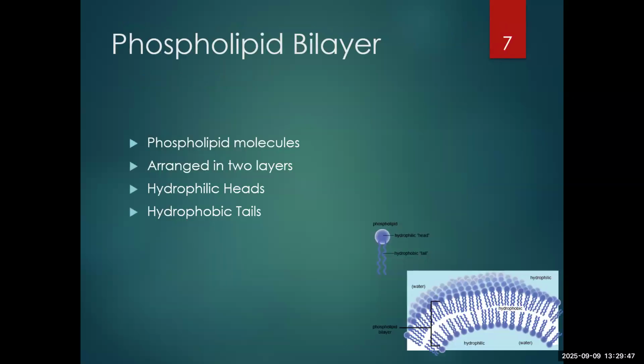So the phospholipids, a little bit more about that. In the plasma membrane, it's often described as a phospholipid bilayer. What does that mean? It means that there are like a sandwich of phospholipid molecules. So each little molecule looks like that. It's like a little ball with 2 tails.